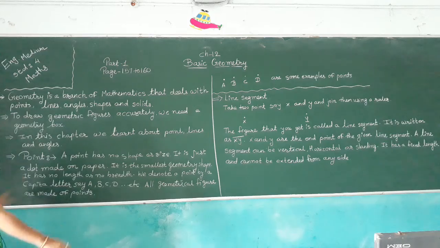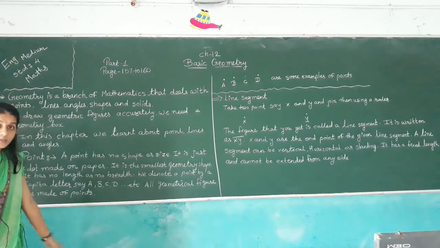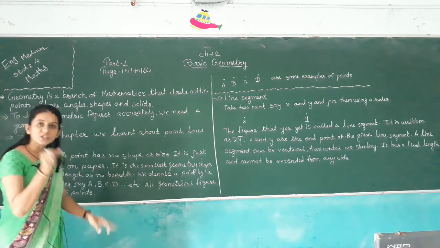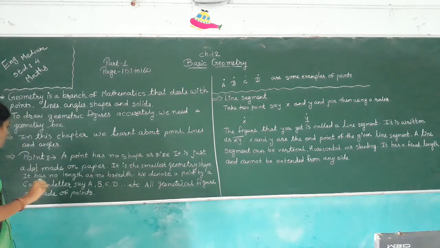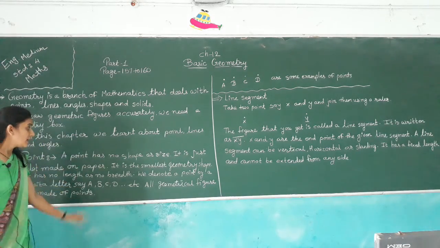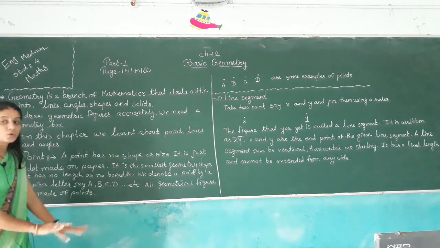Again, revise it. What is a point? A point has no shape, no size. It is just a dot made on paper. It is the smallest geometry shape. It has no length, no breadth.